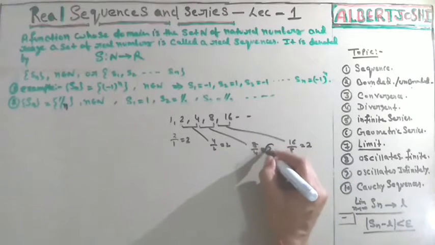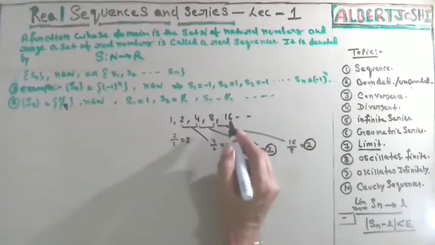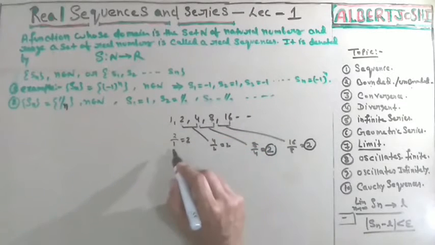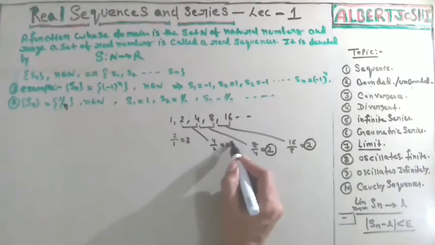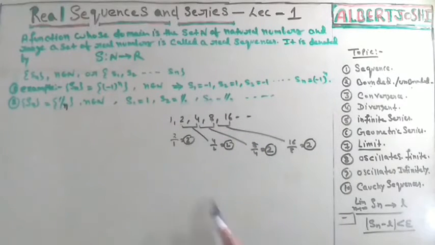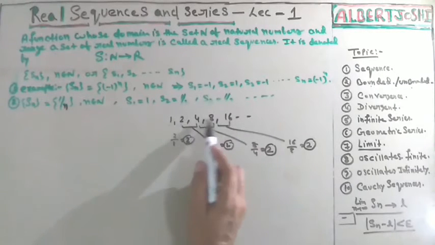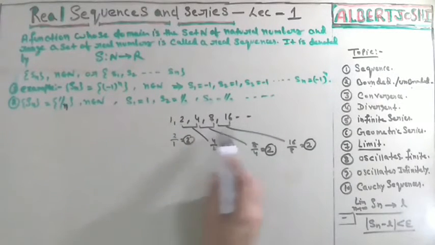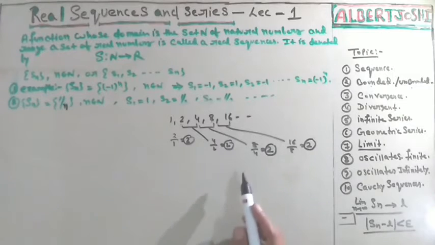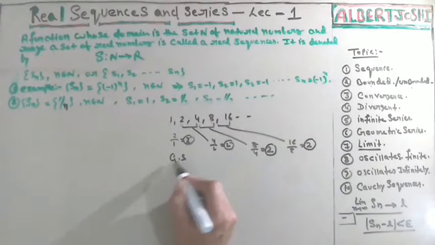So every time you can see that if you are dividing a value by the previous value, then you are getting the same value every time. So such a sequence is called the geometric series, or series you can say also. Okay, so if such a series, then you will say that it is the geometric series.